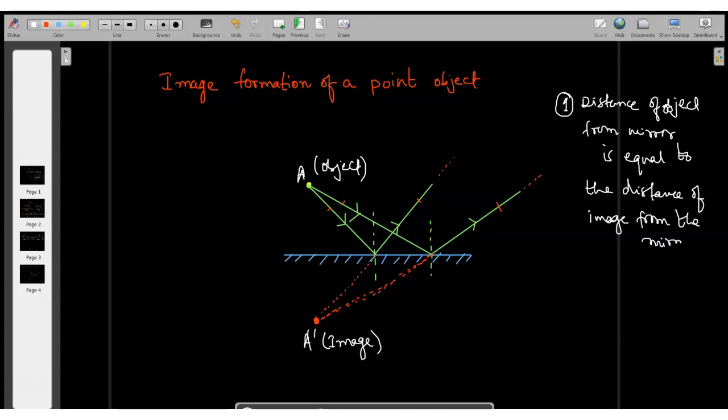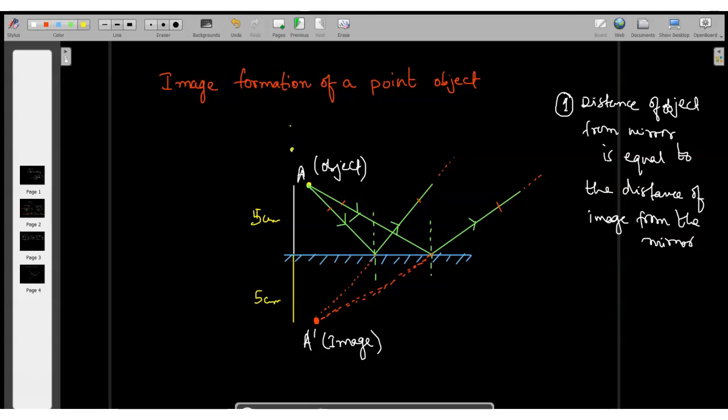Suppose initially the object is 5 centimeter from the mirror. The image will also be 5 centimeter behind the mirror. All right. Suppose you move the object 2 centimeter away from the mirror.